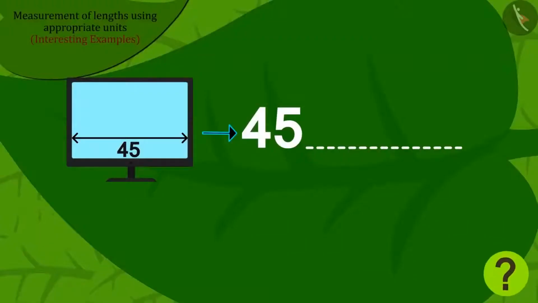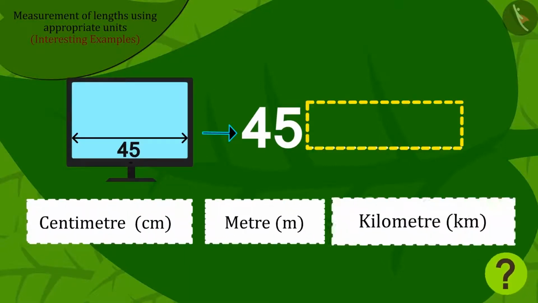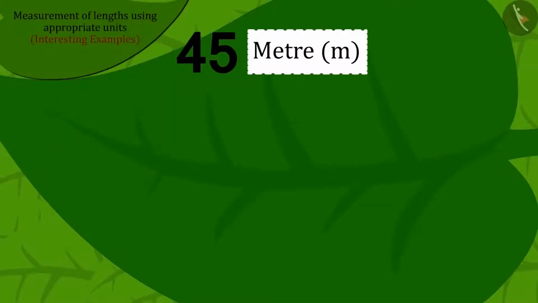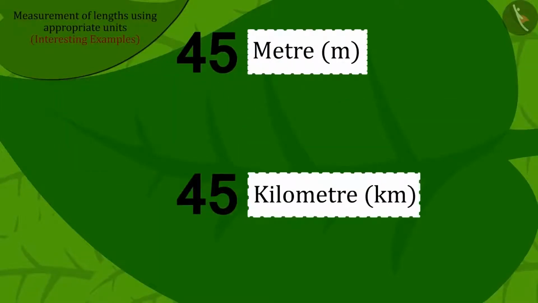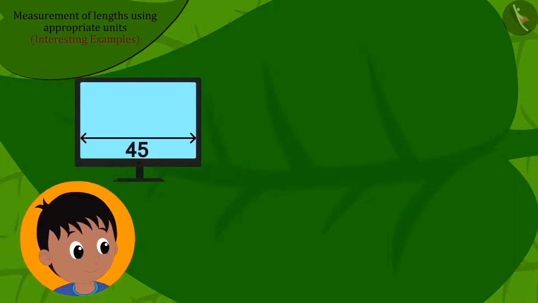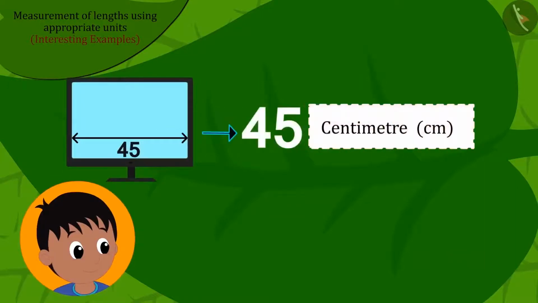Children, can you tell, for the length of the monitor screen, which unit should be used next to 45? Absolutely correct. Because both 45 meters and 45 kilometers would be very long, Raju should write the length of the computer screen using centimeter.